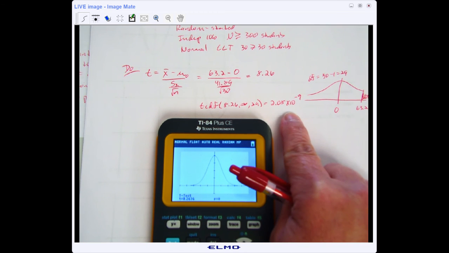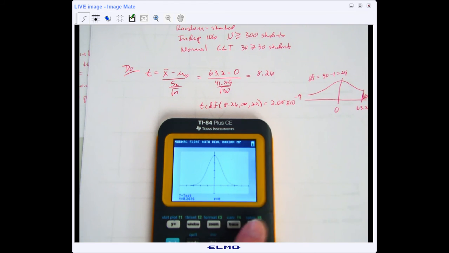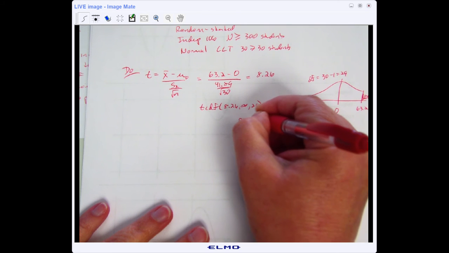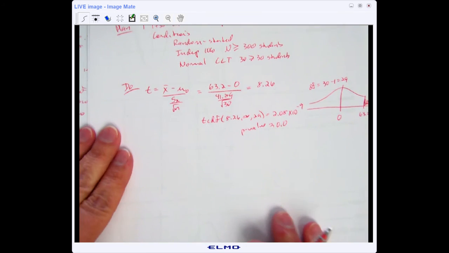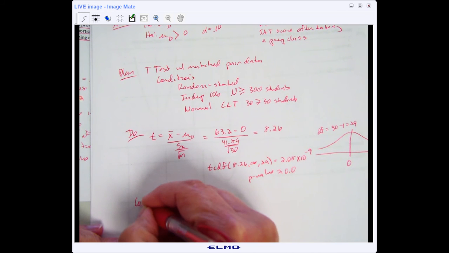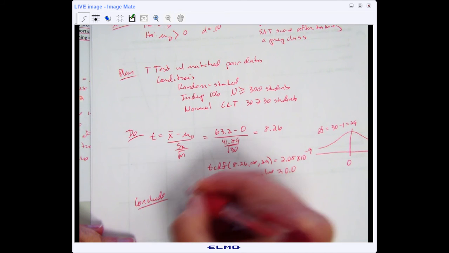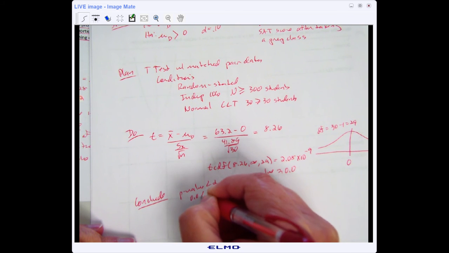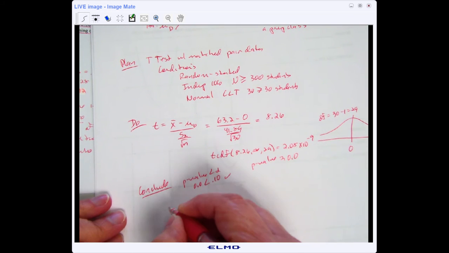That's really small. 2.08 times 10 to the negative 9 is like a decimal with 8 zeros and then the 2. So this is pretty much 0, right? Good. So now I know my p-value is 0. It's going to be less than any alpha I have, so I know I'm going to be able to reject the H0. So p-value against alpha. That is true.